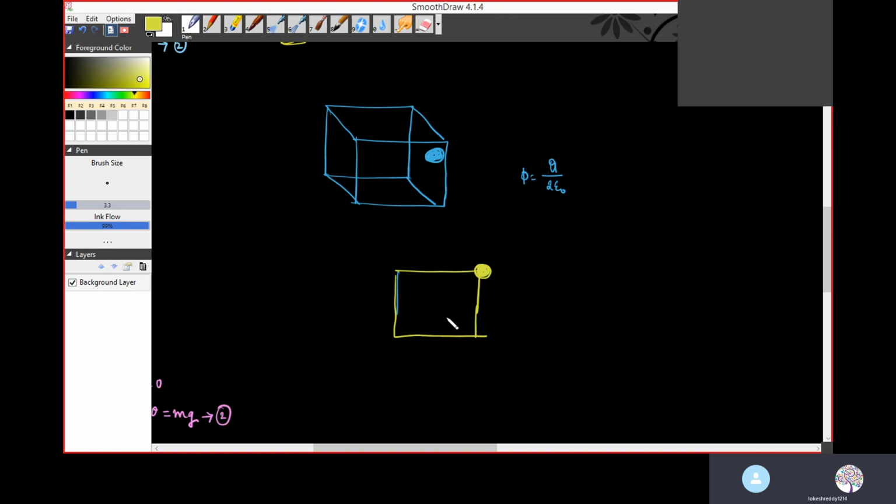To close this one, if it is at one of the corners, you require four cubes to cover the bottom and four cubes to cover the top. So a total of eight cubes are required to enclose it. The flux will be equal to q by 8 epsilon naught. This is the flux shared by each cube when you are placing the charge at the corner.